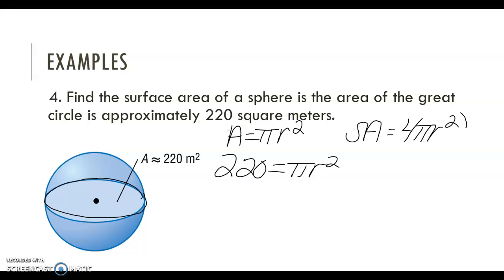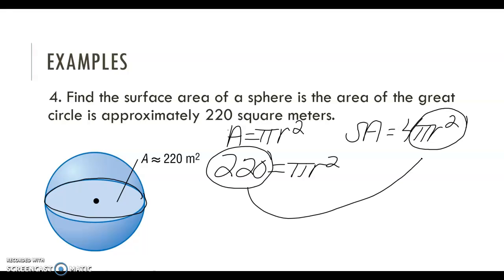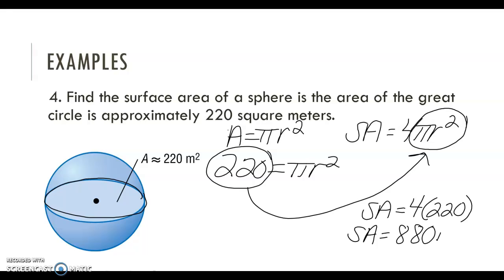So that means, like I pointed out earlier, I can replace this pi r squared with just what the area is. So the surface area is just 4 times the area of that great circle that's given. So the surface area is 880 square meters, 4 times that area of that great circle.